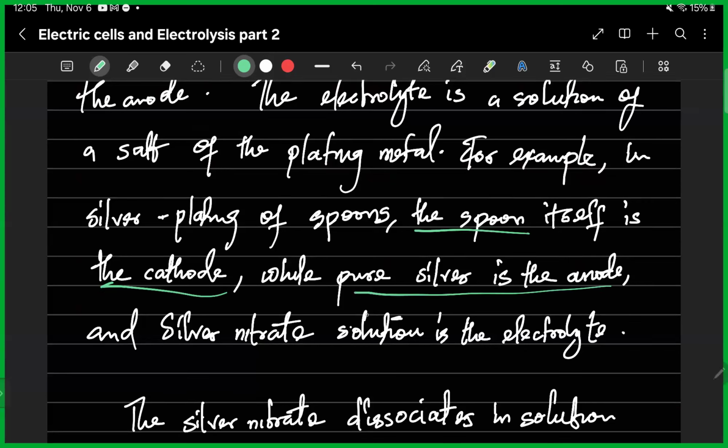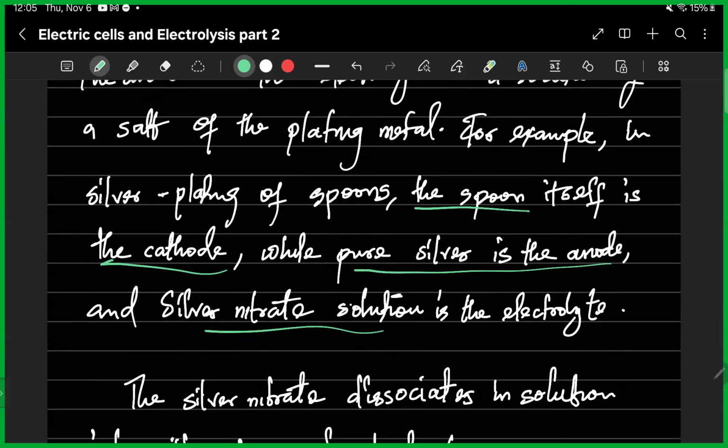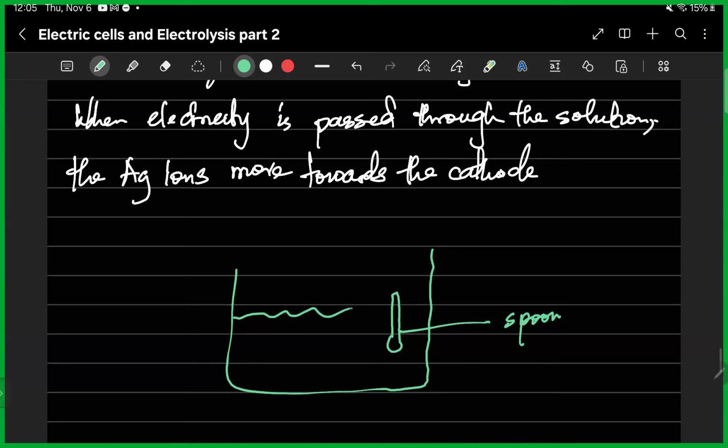For example, in the silver plating of a spoon, the spoon itself is the cathode. Pure silver is the anode, and silver nitrate is the electrolyte. So let's say we have this liquid, the silver nitrate. Let me confirm that it is AgNO3 and not something else. I want to make sure I'm giving you the right signs.